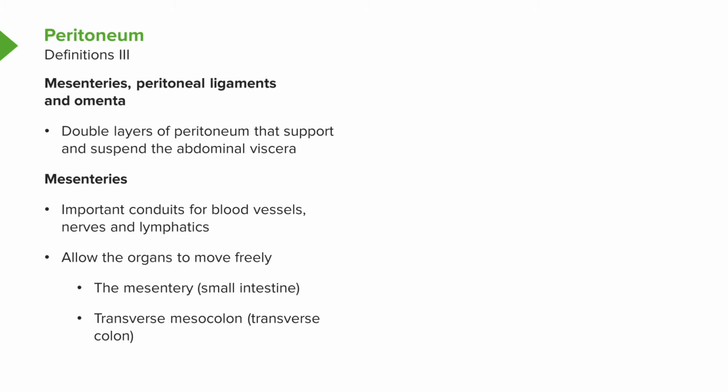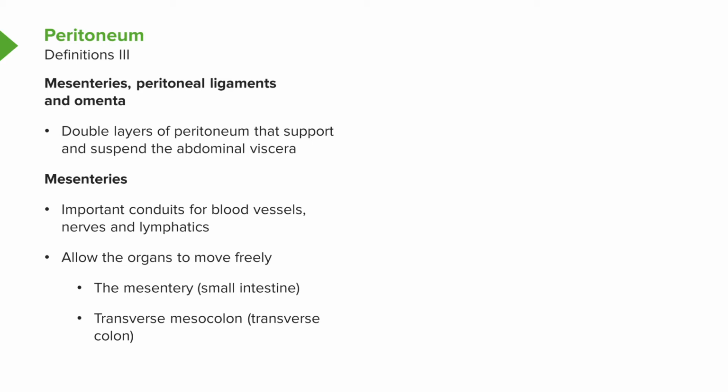Some more definitions: mesenteries, peritoneal ligaments, and omenta. These are double layers of peritoneum that support and suspend the abdominal viscera. Let's just look at mesenteries first. I mentioned mesenteries in the previous slide. These are important conduits for blood vessels, nerves, and lymphatics.